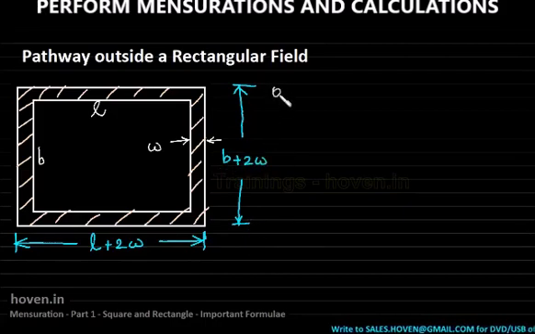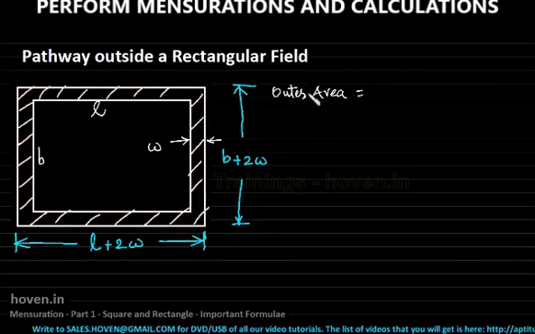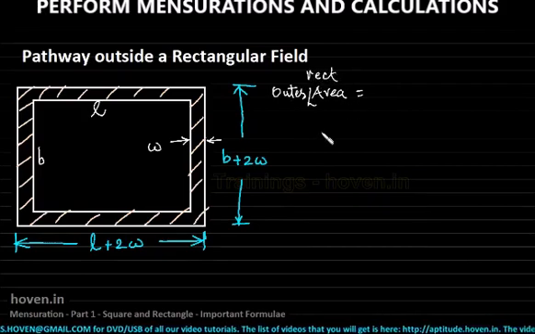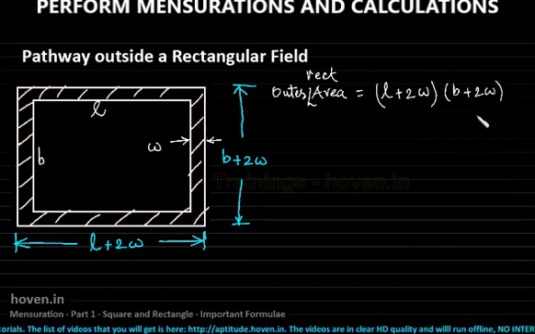So we can write the outer rectangle area would be L plus 2W into the breadth B plus 2W.